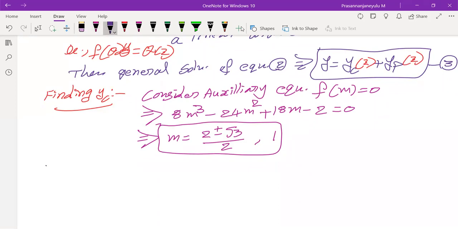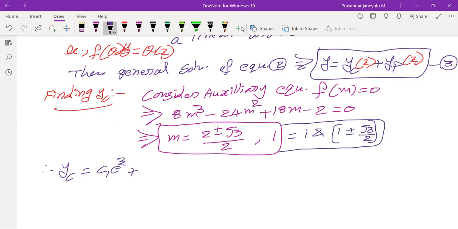Therefore the complementary solution yc equals c1 into e power m1. What is the m1 value? It is 1. So e power z plus, okay, wait, I am writing the roots like this, 1 and 1 plus or minus root 3 by 2. Can I write like this? Now I'm going to use these.